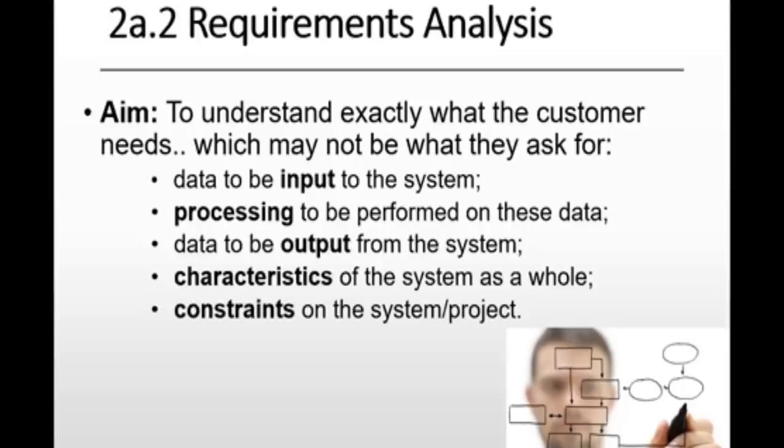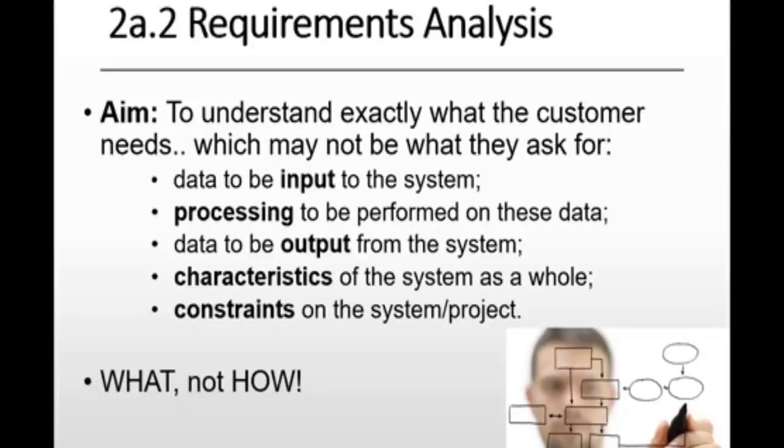So we have to determine what the input is, what the processing is, what the output will be, what the characteristics, difficulties, and constraints are, what the main functions are, and what the non-functional requirements are. We analyze all that in the analysis phase.